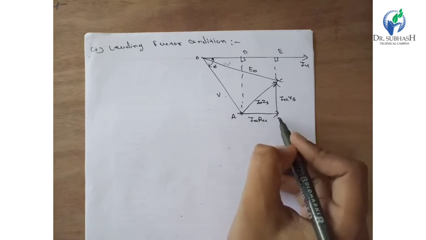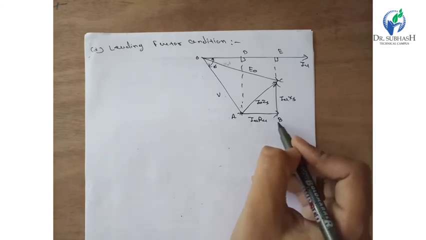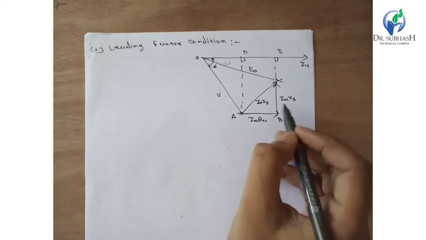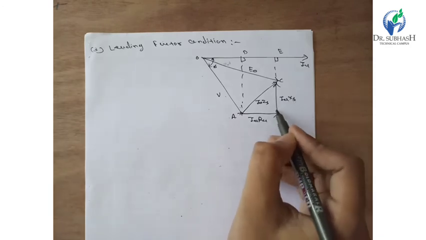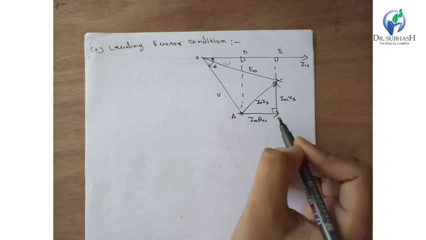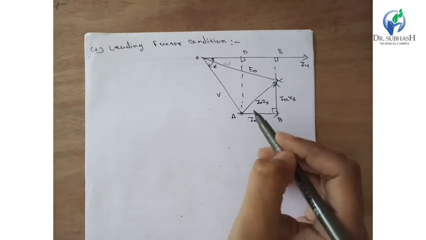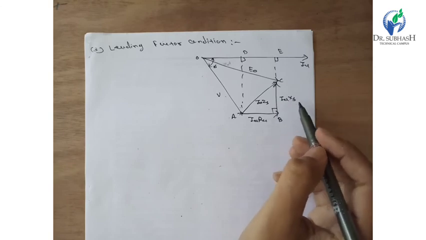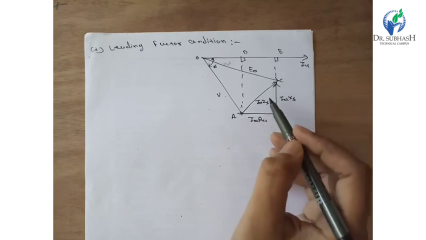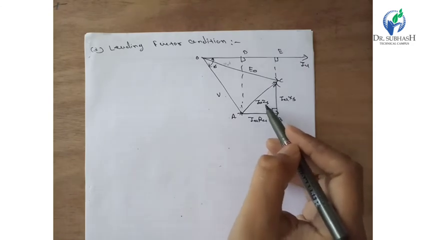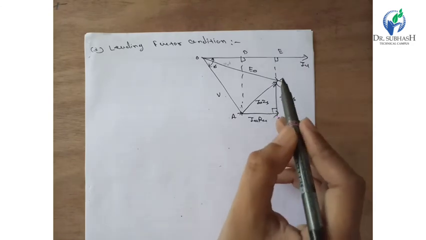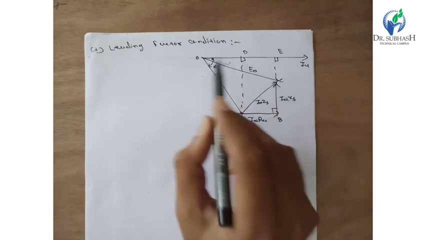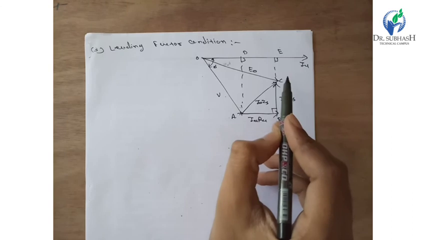At the node of the armature current into resistance value, we draw the inductive drop, armature current into Xs, at an angle of 90 degrees. The resultant of these is the impedance drop, Ia into Zs, and the overall resultant is E0, the point OC.